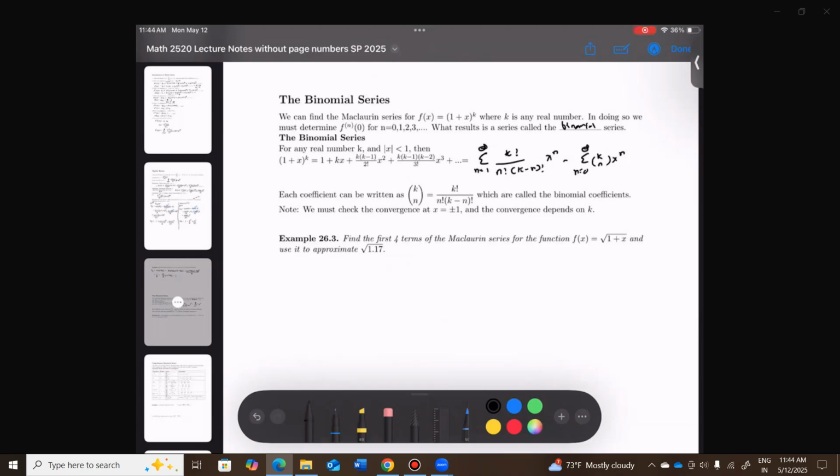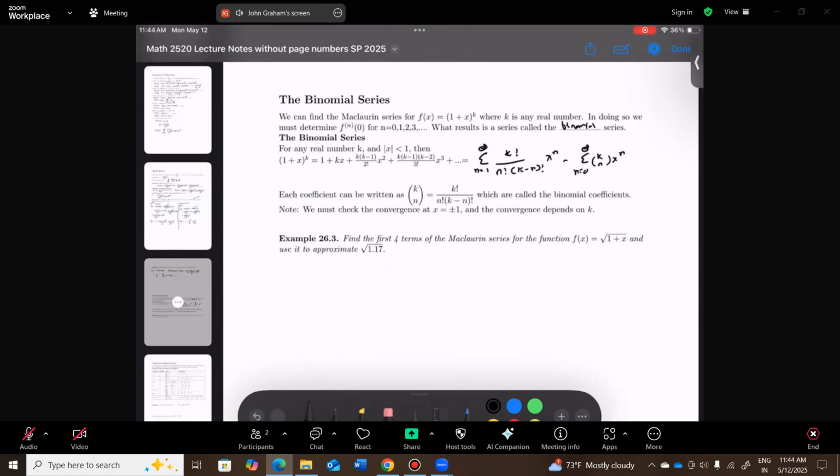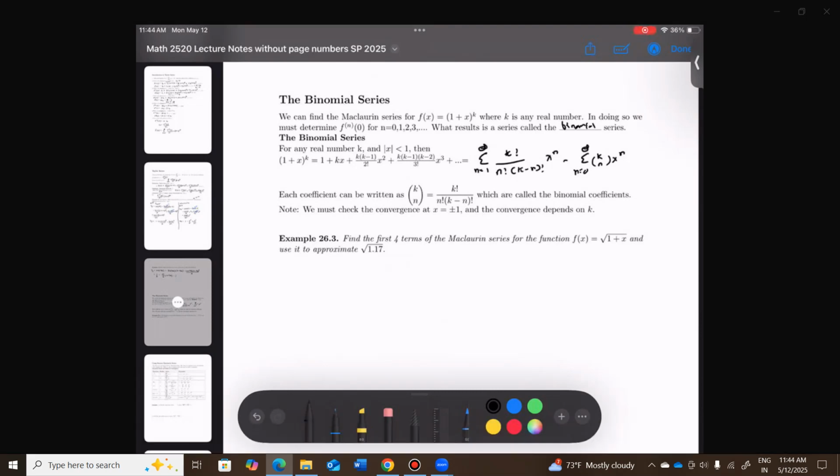And so we must check the convergence at x equals plus and minus 1, and the convergence depends on k. It converges at 1 if negative 1 is less than k, which is less than or equal to 0, and at negative 1 if k is greater than or equal to 0.